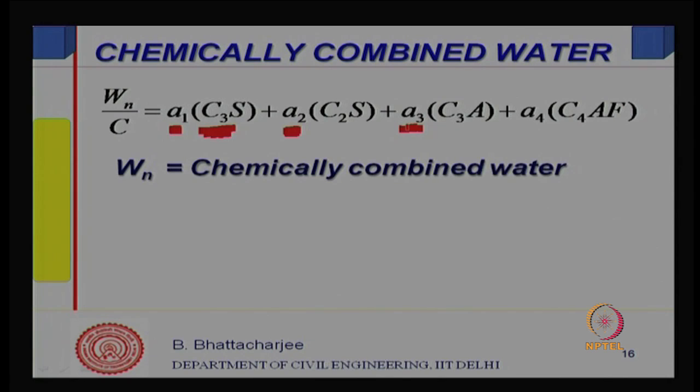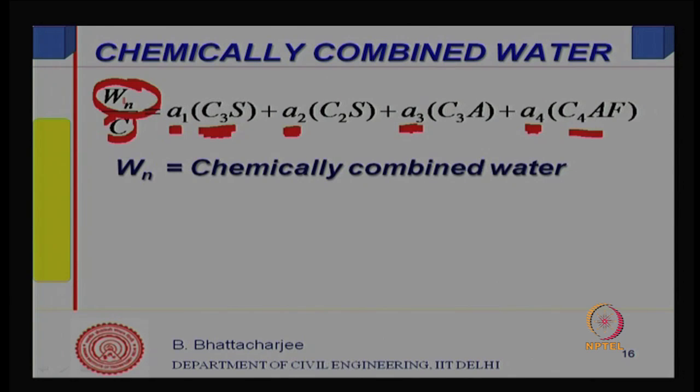A3 is the quantity of water required by 1 gram of C3A for full hydration, and similarly A4 is the quantity of water required by 1 gram of C4AF for full hydration. So, then this is the chemically combined water. Chemically combined water per unit mass: Wn is the amount of water that will combine with C, the cement. C is the quantity of cement.